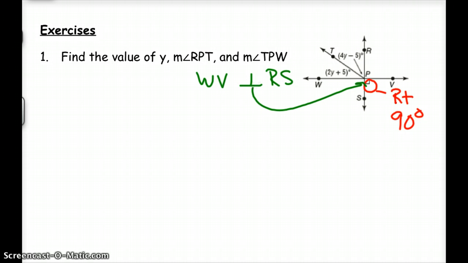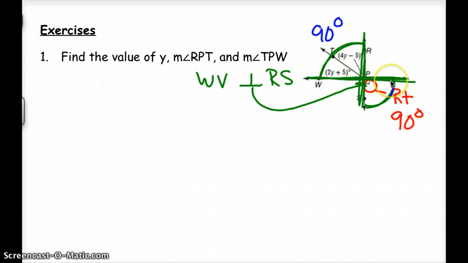And so if that's a right angle, these are the two lines that are intersecting. This angle and this angle are vertical angles, and so they are going to be equal. So I'm going to use my angle addition postulate, which says add the two angles together.